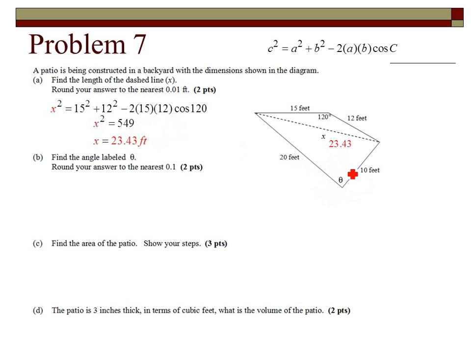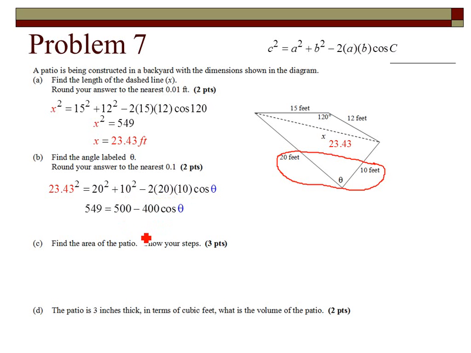Now I've got side, side, side, so I'm going to use the law of cosines again. So this time, these guys are together, and this one is by itself. So 23.43 squared equals 20 squared plus 10 squared minus 2 times 20 times 10 cosine of theta. 23.43 squared was 549. 20 squared plus 10 squared is 400 plus 100 is 500. 2 times 20 times 10 is 400.